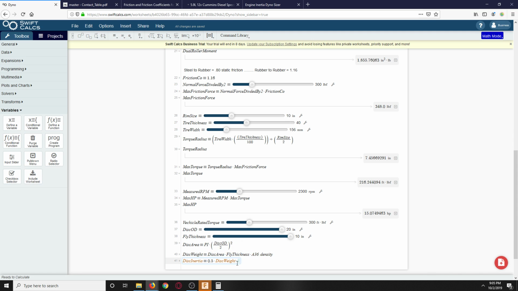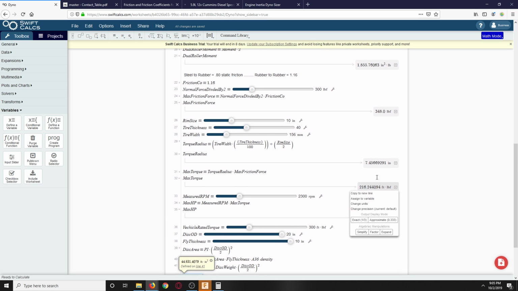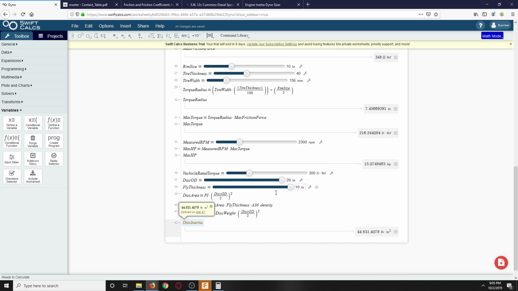Disk weight times radius disk OD squared. Okay, 1/2 mass times disk OD over 2 squared. Okay, so then we want disk inertia. Now basically what we need to do is get this to equal that.